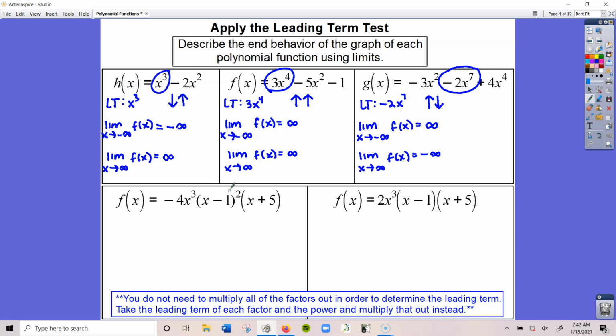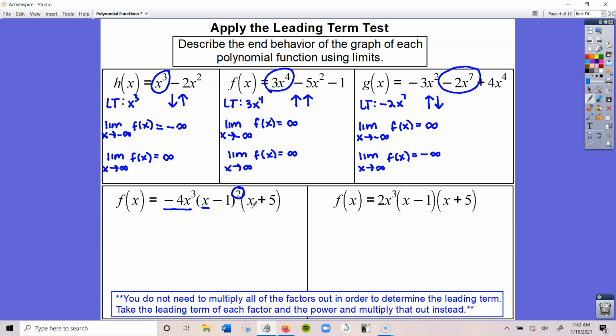So instead, what we do is we take the leading term of each individual factor along with any exponents and multiply them together. Because if we were to multiply the entire polynomial out, that's exactly what we would get for the leading term. So this is one factor, which is a monomial, and so therefore that's my leading term. In the x minus 1 squared, my leading term is x, but it will eventually get squared.